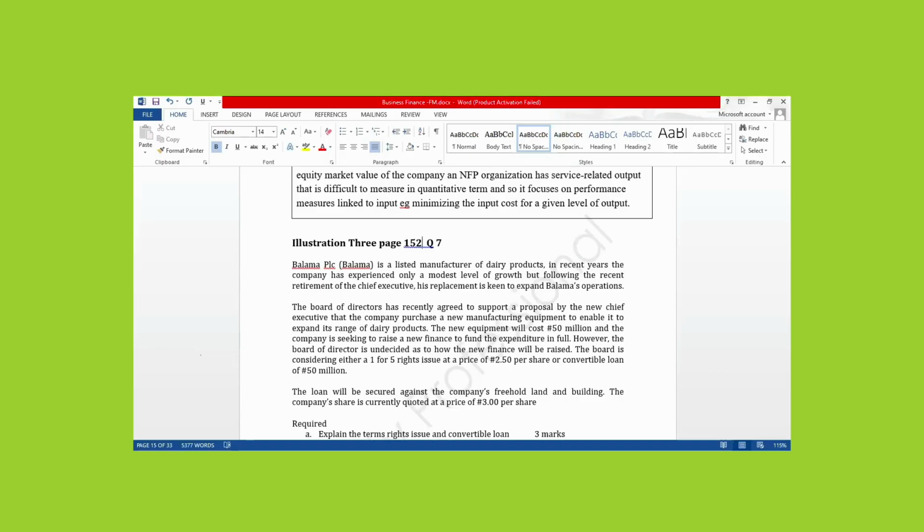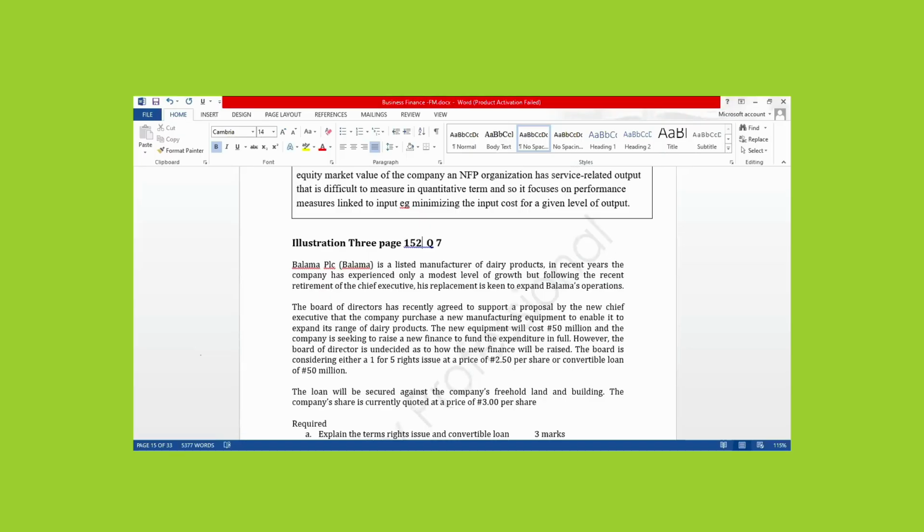Considering either a 1 for 5 rights issue, issuing new shares to existing shareholders at a subsidized price so as to generate 50 million naira, or a convertible loan of 50 million.